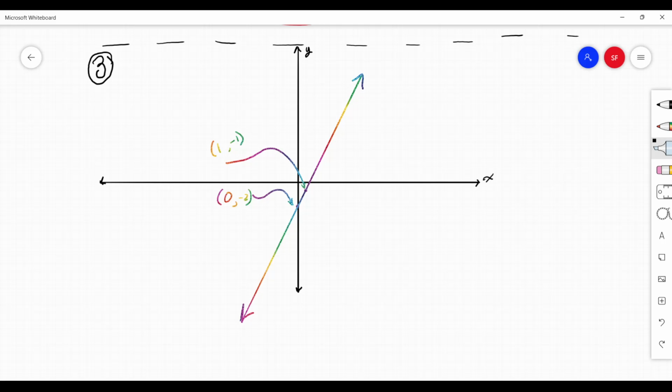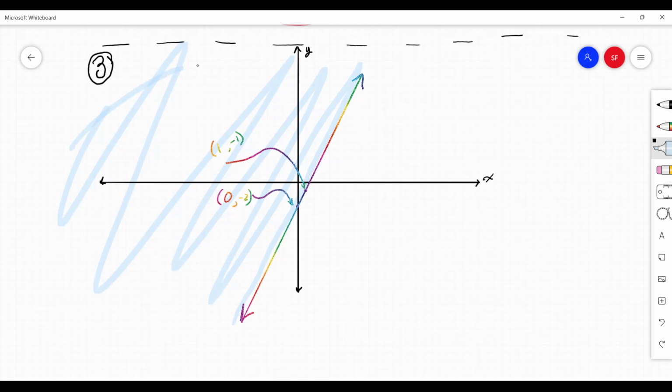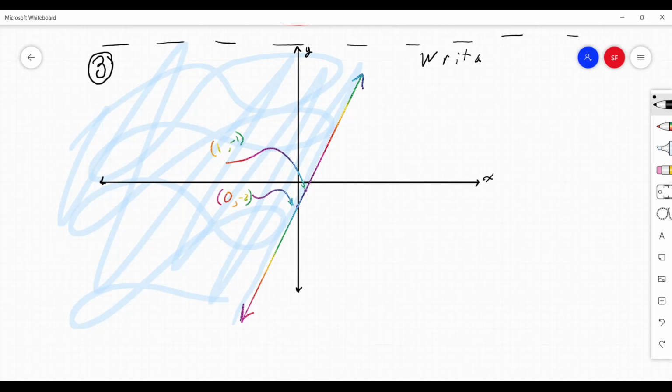And it's shaded over here. And your instructions say write an inequality for this graph.